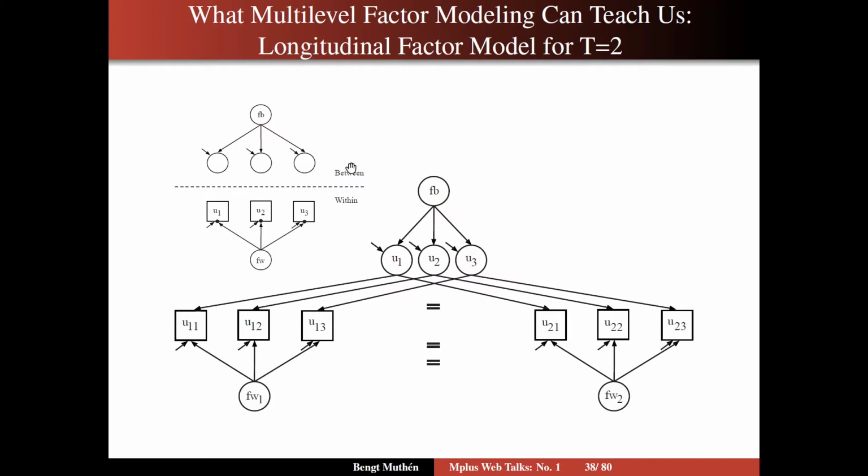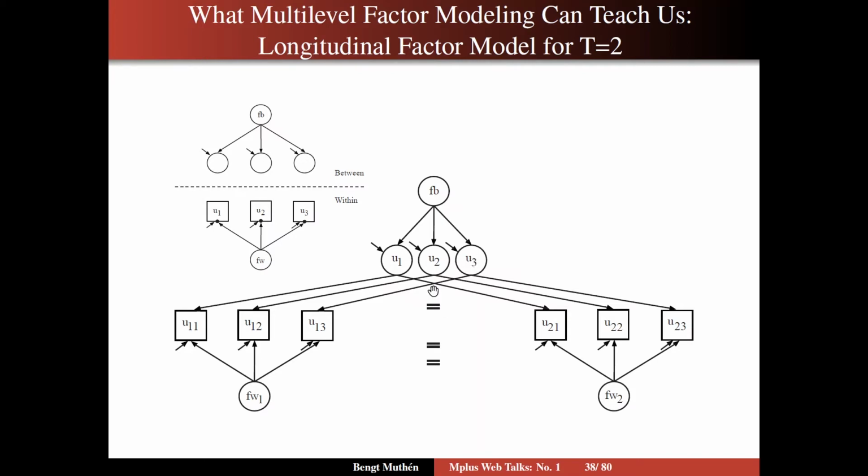Now, on the between level, if you go back up to the multi-level factor model, you have a random intercept for each factor indicator. And there are only 3 of them, so there should be 3 circles here, like in the modeling up there, with 1 factor behind them, and with residuals coming into those random intercepts as well.